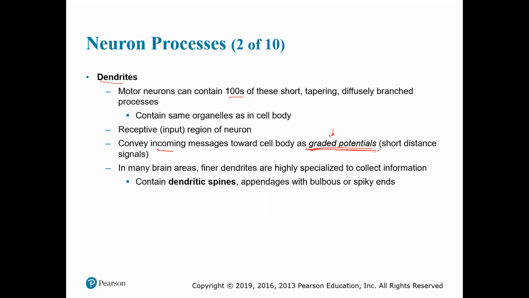So if the excitatory input overrides the inhibitory, then you'll go ahead and have an action potential. All right, and we'll talk more about that. I just want to introduce the word graded potential, because a graded potential is different than an action potential. An action potential, like I said in muscle, is all or nothing, like flushing a toilet. Once you put enough pressure on that lever, off it goes. It's not stopping, right?